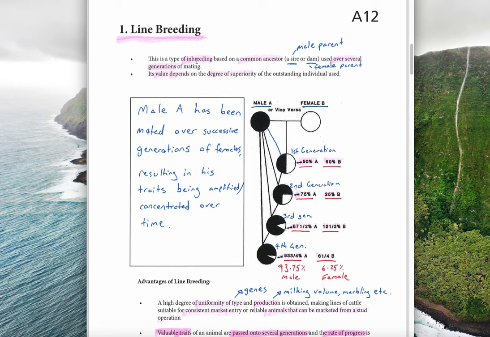So like I said a second ago, this is a type of inbreeding. There's related animals being bred together, and it's based on a common ancestor. So a sire, which means a male parent, or a dam, which means a female parent, are used over several generations of mating, and its value depends on the degree of superiority of the outstanding individual.